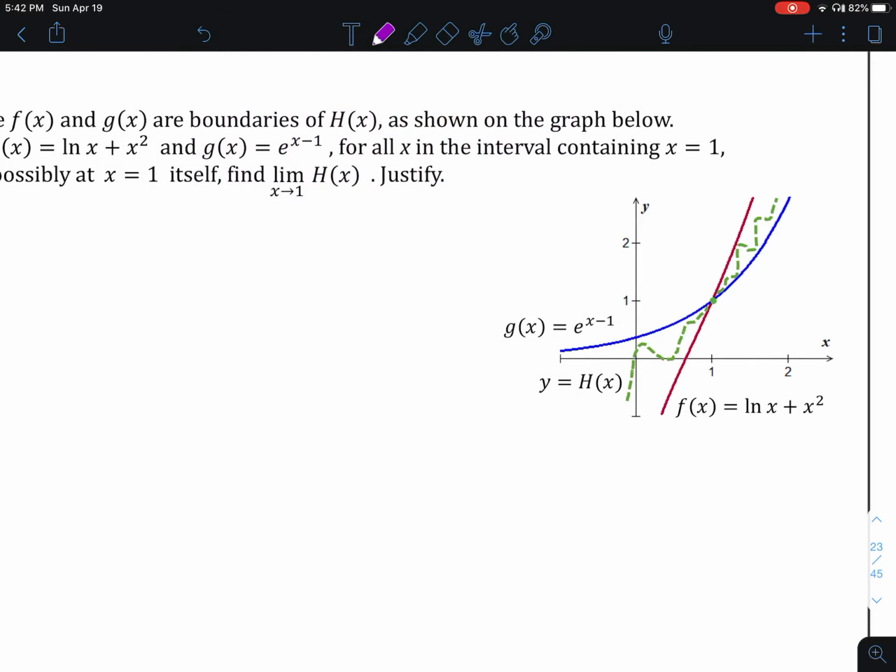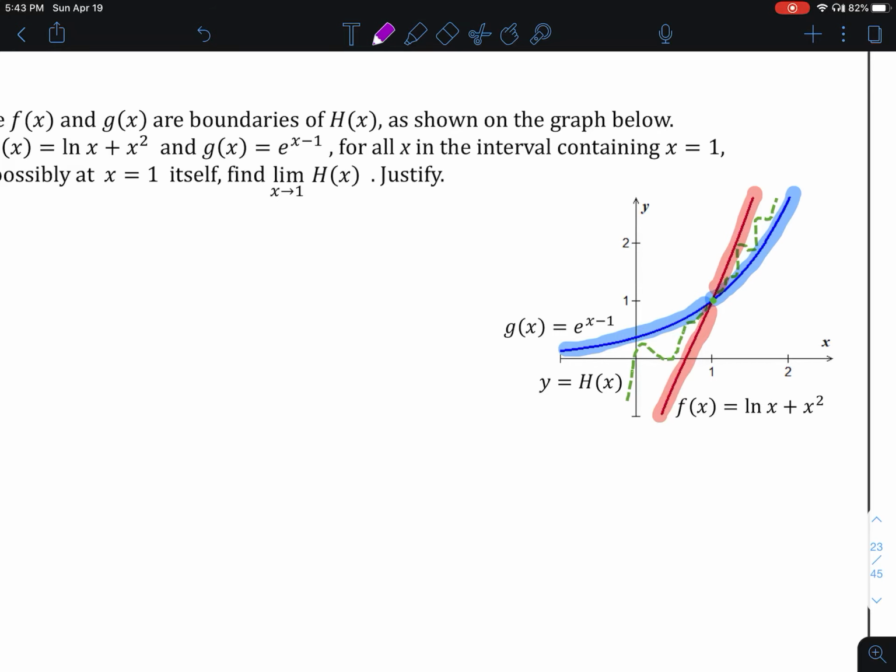Their limits, as I approach from this side, is going to be 1, and this side is going to be 1. Let's take a look at the other side. Here's from the left, and here's from the right. And so it's pretty much guaranteed that whatever the limit is of the two functions in which it's encased in, that's what it's going to be.